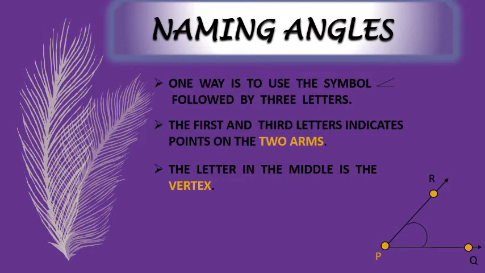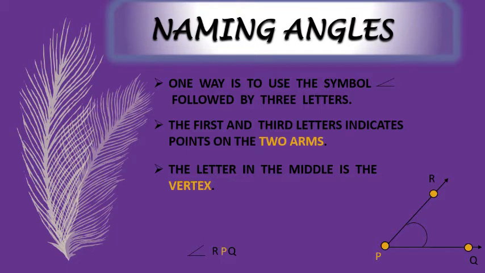Let's understand this. As you can see in this figure, P is the initial point. First you have to make a tiny angle, then you have to write the name of the arm at the first place and at the third place. So in the first place we have R, and in the third place we have Q. Now in the middle it should be only the vertex, that is P.